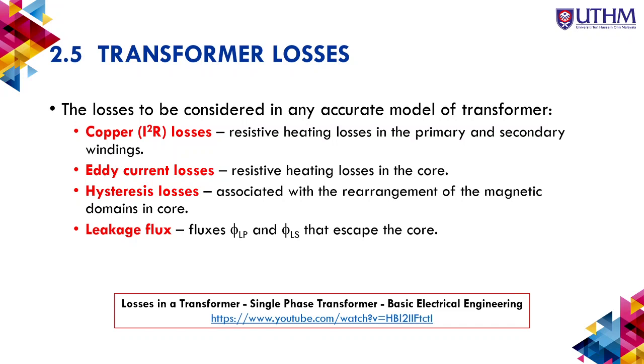The first one is the copper losses, which is I square R, the resistive heating losses in the primary and secondary winding. Please be reminded, copper losses are in the winding, the wire itself. And then eddy current, the resistive heating losses in the core.